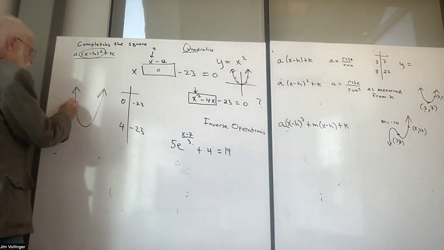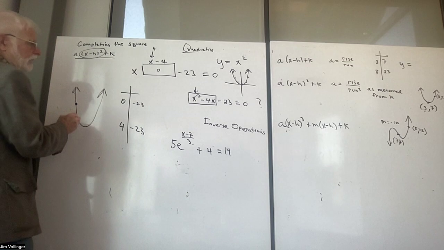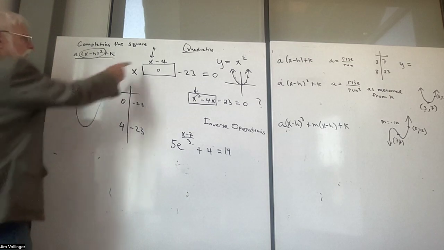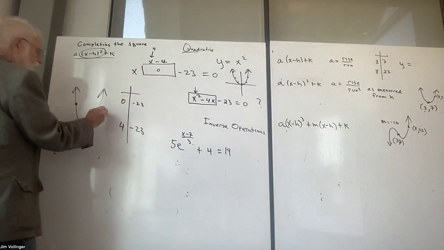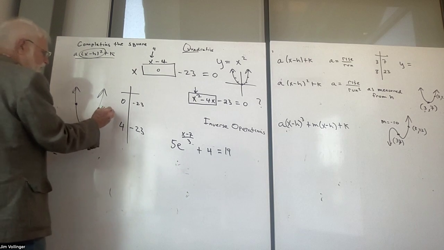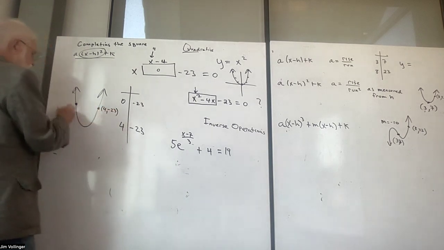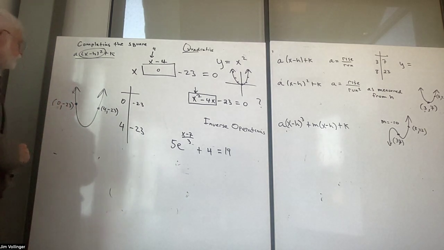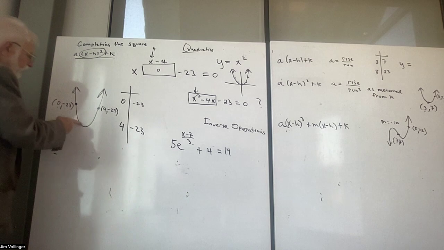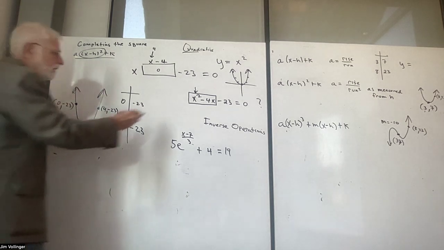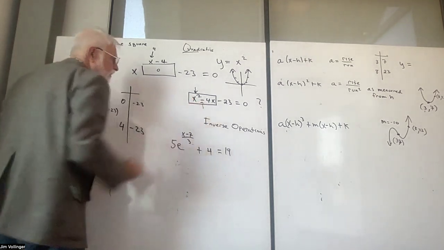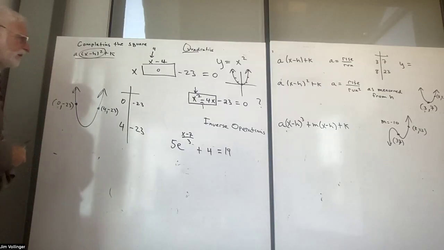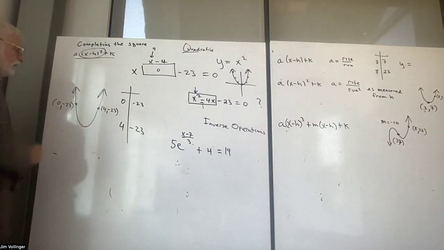And if I've got a 0 here, and, what was it, 4? Oh yeah, positive 4 over here, getting me minus 23. And if I follow that down, I'm on the decreasing side. There's an indicator as to which side your y-intercept is on. In this case, it's on the decreasing side.